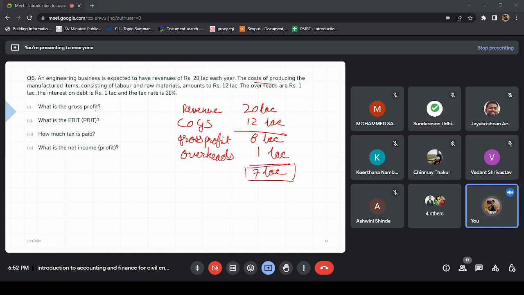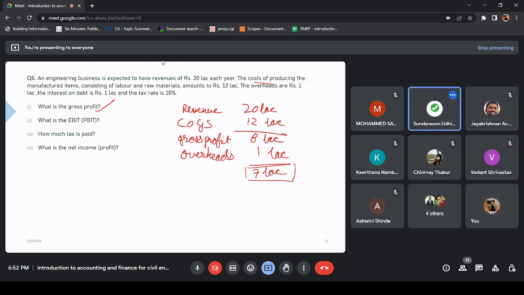We calculated this, so by logic your second question must answer this part. We are going step by step. EBIT or PBIT, what are these terms? This is an acronym for earnings before interest and taxes.